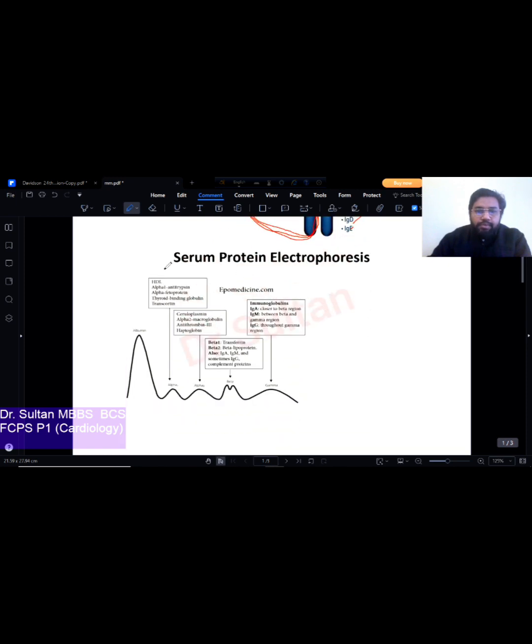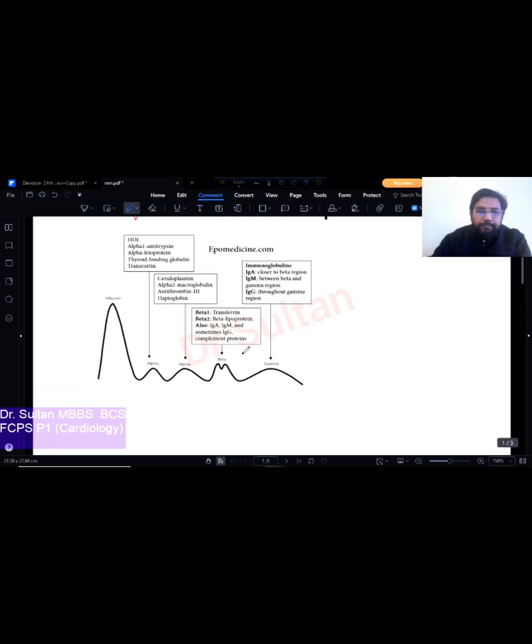On serum protein electrophoresis, there are some interpretations. Like you can see here, the serum protein electrophoresis showing the waves of albumin, alpha 1, alpha 2, beta, and gamma. These are proteins.